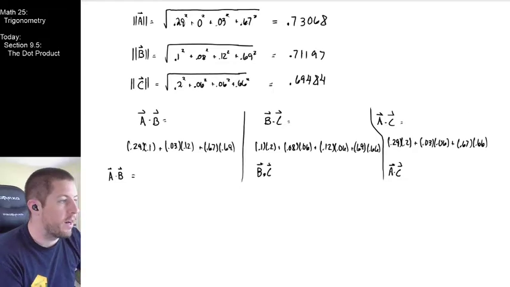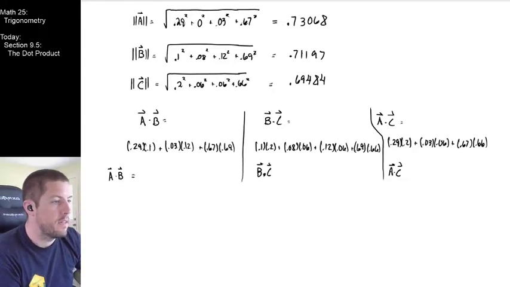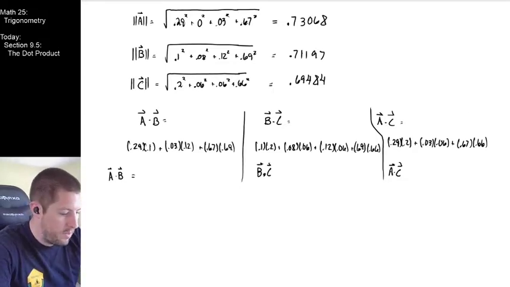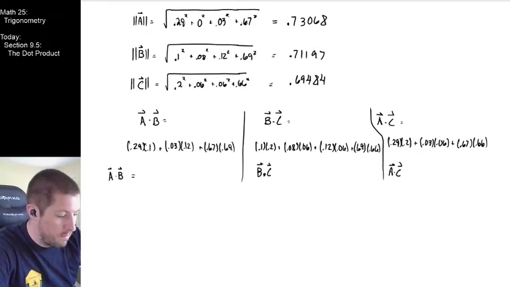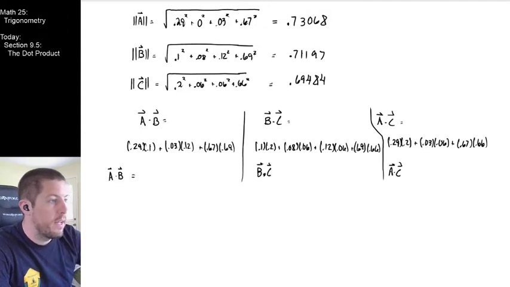All right, so let's go hit our calculator with all of these. I'm getting 0.29 times 0.1 plus 0.03 times 0.12 plus 0.67 times 0.69. I'm getting 0.4949 for the first one.